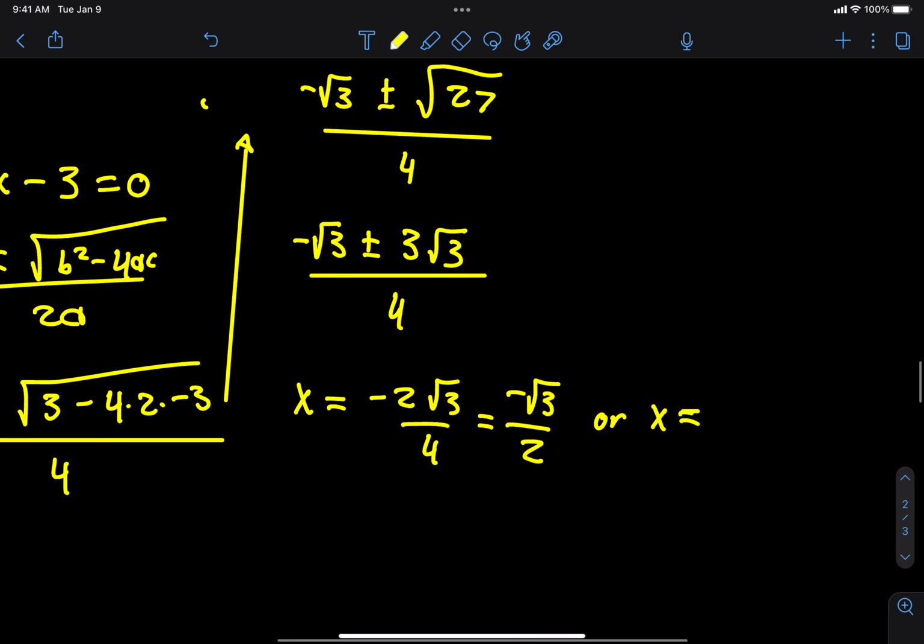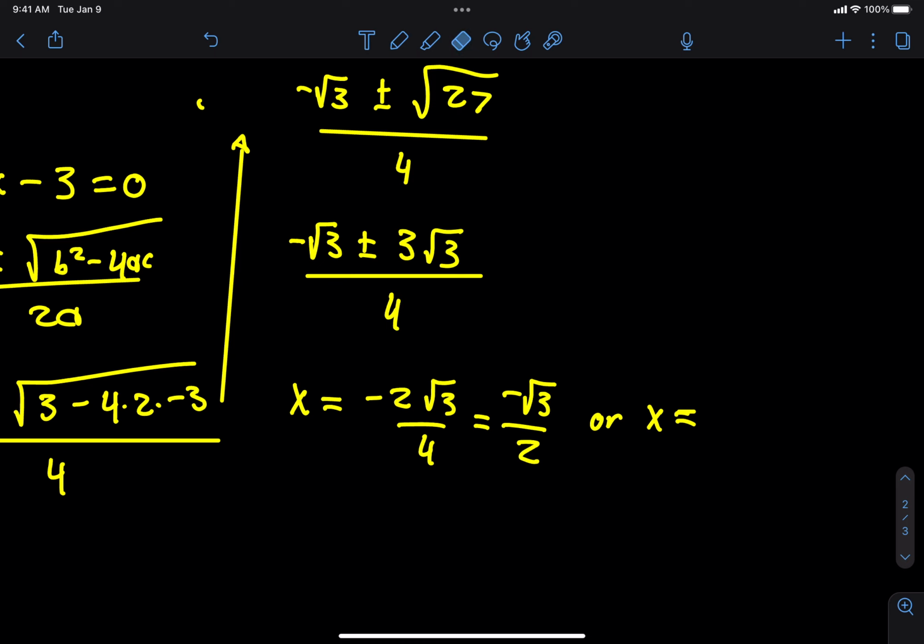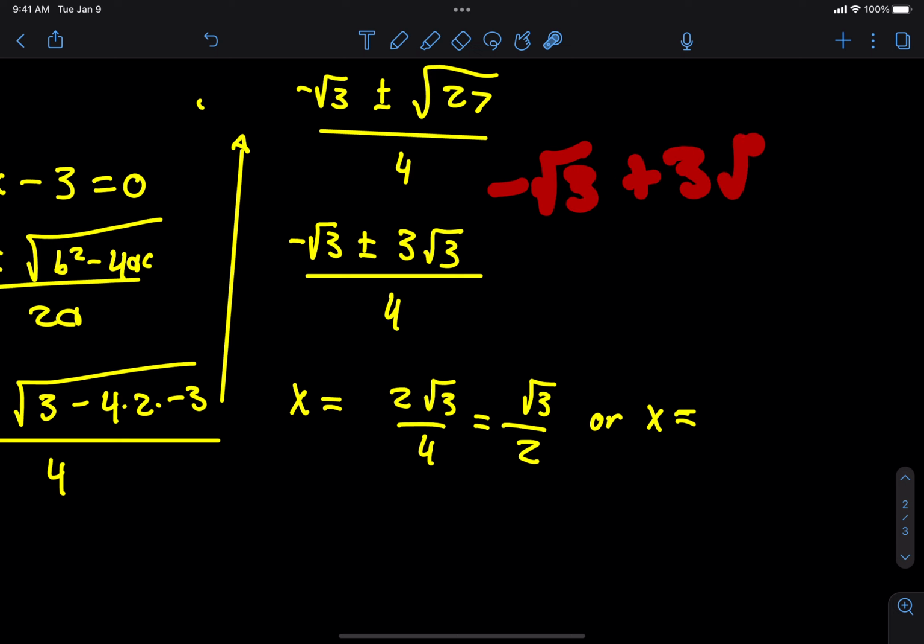Okay, so let's see here. We're actually going to get positive there, which is positive there. That's what I get when I add 3 square root of 3. So negative square root 3 plus 3 square root 3, we get 2 square root 3. Agree? It's like negative x plus 3x. We get 2x. And when I subtract, what am I going to get?